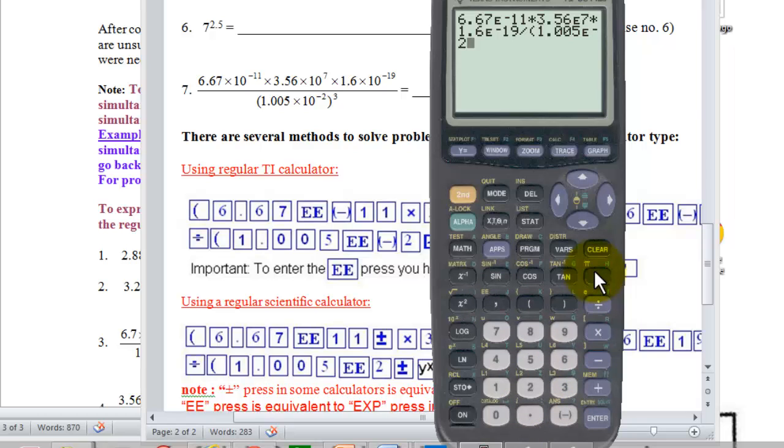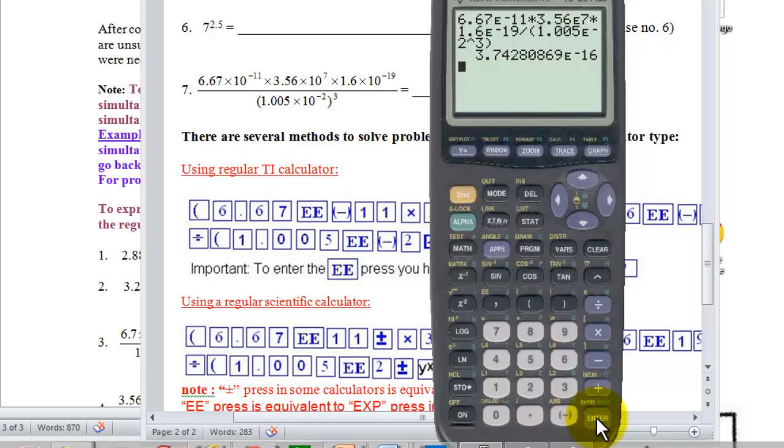Don't close the parentheses yet. We'll close the parentheses after we input the power. So this is all raised to the power 3. And now you can close the parentheses and click enter, and this is the correct answer. It's 3.742 times 10 to the negative 16.